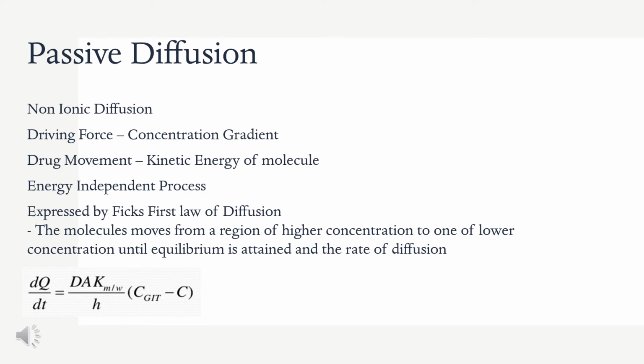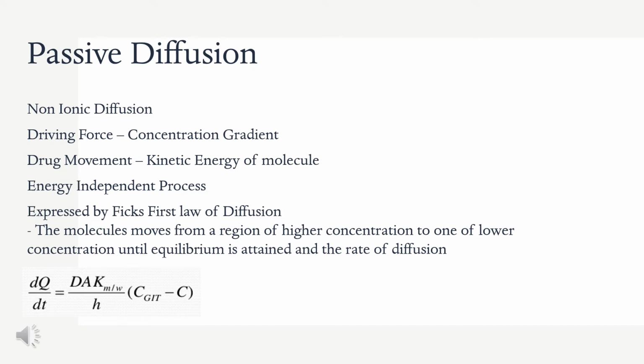In passive diffusion, there is a non-ionic diffusion where the driving force is the concentration gradient. The drug movement is by the kinetic energy of molecules, an energy-independent process expressed by Fick's first law of diffusion, where molecules move from a region of higher concentration to one of lower concentration until equilibrium is attained.